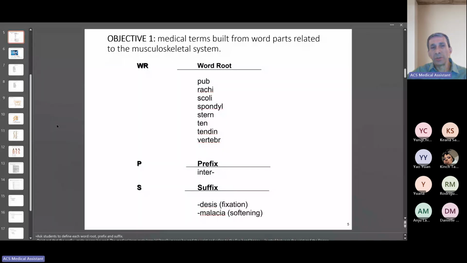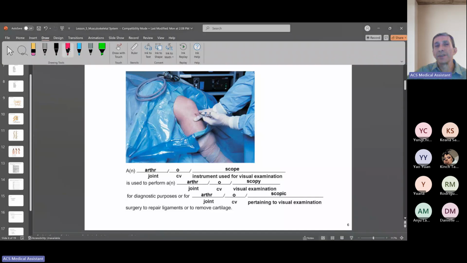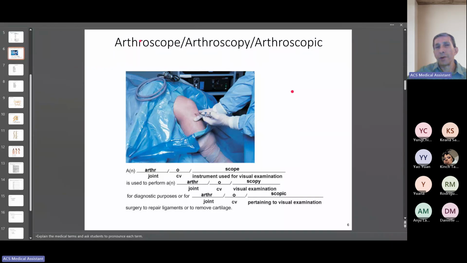Okay, so let's continue with this chapter, the musculoskeletal system. We're almost done with this chapter. So let's go and see these procedures where we can use these medical terms. So let's talk about first arthroscope.